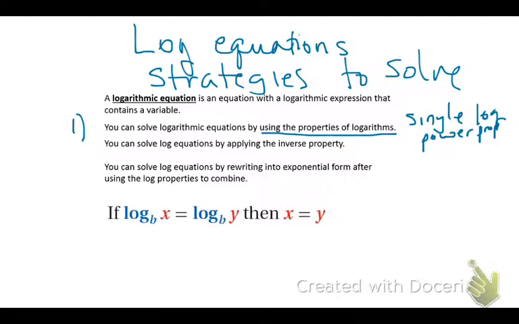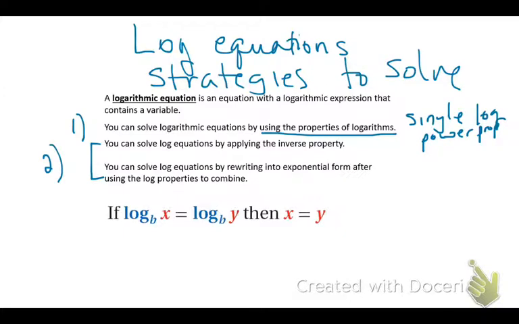I ran out of room, sorry. Once we have accomplished a single log, either by condensing them using our properties or by using our power property, then you will have a couple of options. These will be your options.